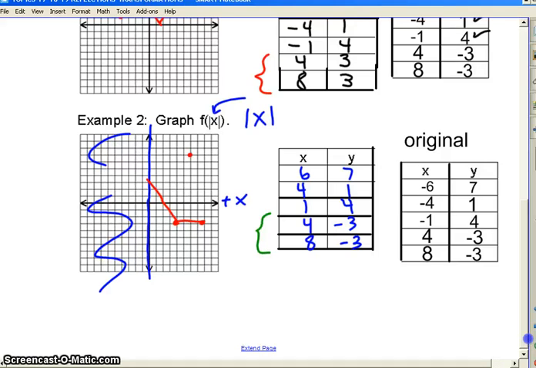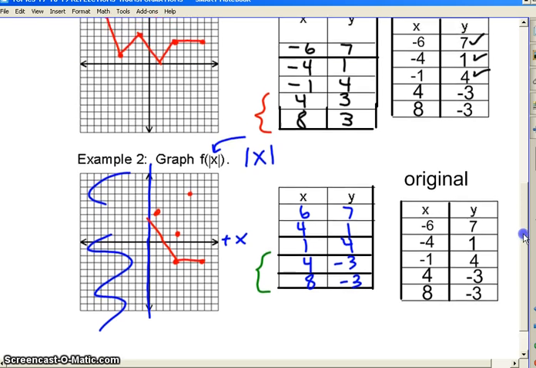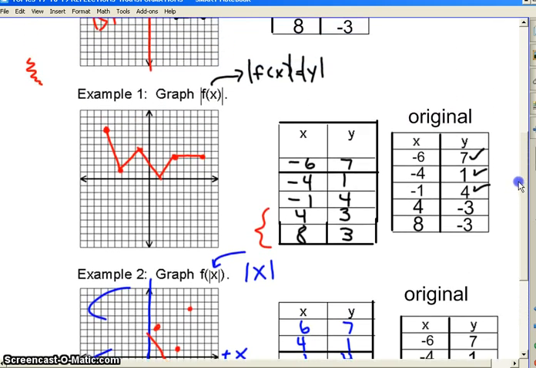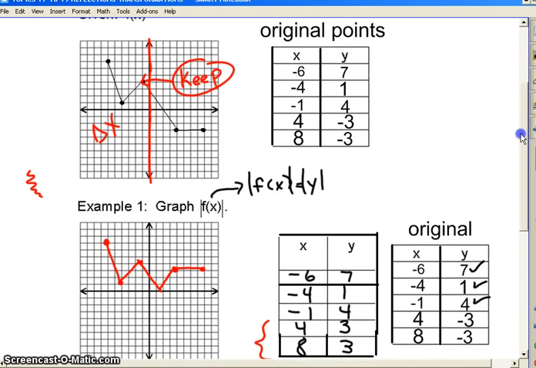And then I've got the point 4, 1. And I've got the point 1, 4 right here. So let's see how that went here. It looks really strange, doesn't it? But think about your original graph.